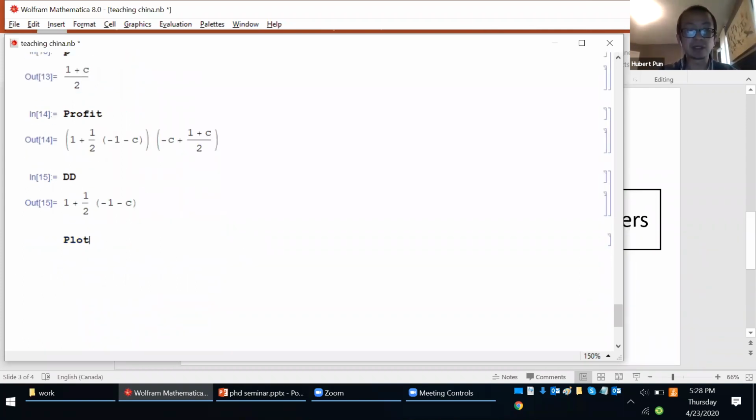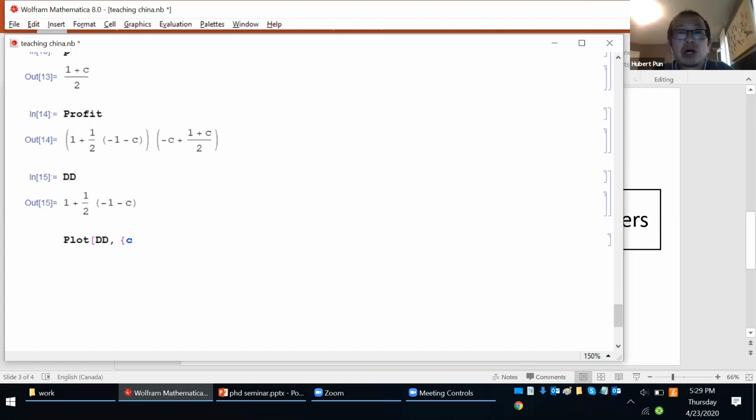So let me illustrate what I'm trying to say. Let's say I plot the value DD with respect to C. In the past, we plotted from P, but right now we plot from C. The reason is that in the last exercise, when price is a decision, we plotted D equals 1 minus P. And now what we are plotting is the optimal price.